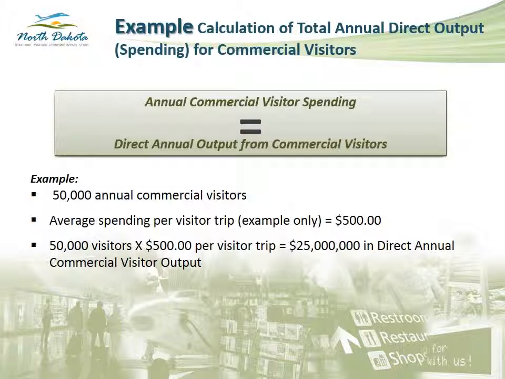For this example, for each trip, the visitor spent on average $500. Again, it is important to remember that other visitors had expenditures per trip that were both above and below this average amount. To continue, if each of the 50,000 visitors spent $500 on average per trip, this results in $25 million in annual commercial visitor spending. The $25 million is also equal to direct output in the commercial visitor category.